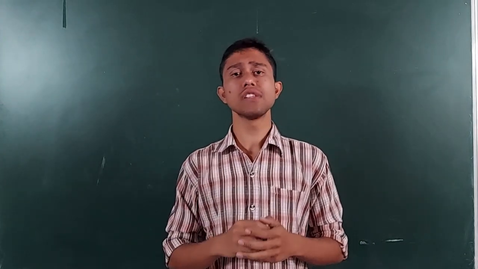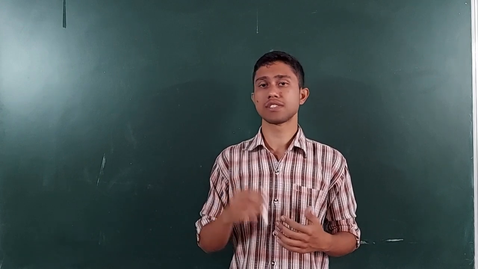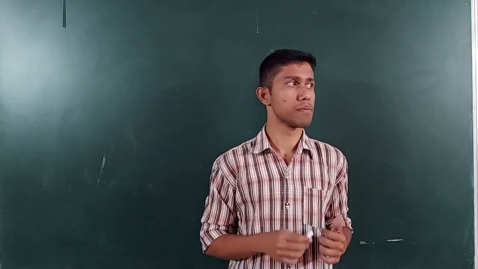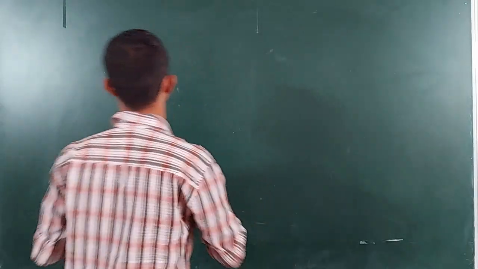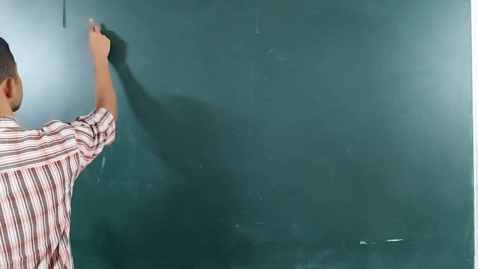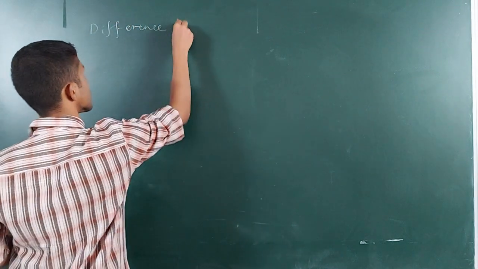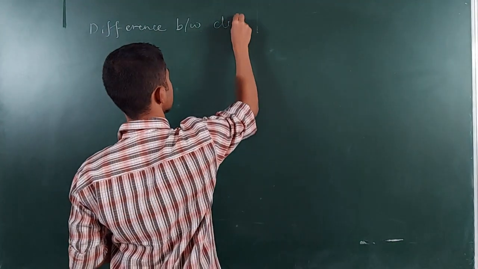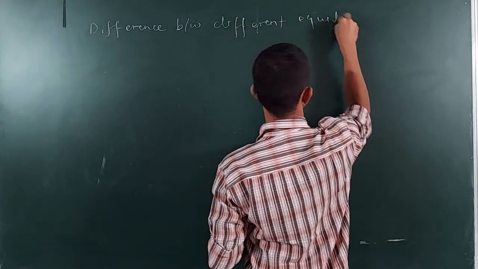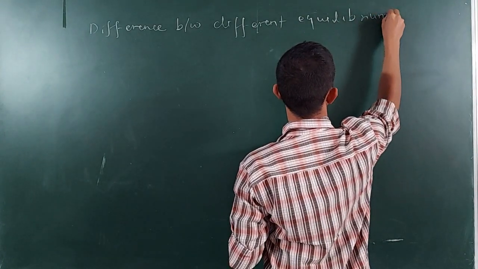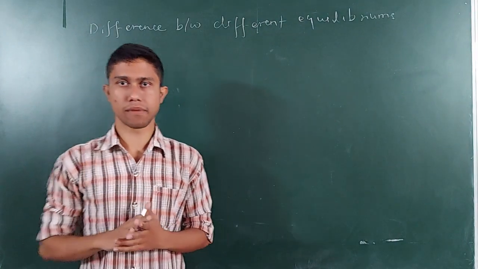In this lecture, we'll see how we can differentiate which curve is the stable, unstable and neutral equilibrium. Now I'll write the heading: how to distinguish between different equilibriums.